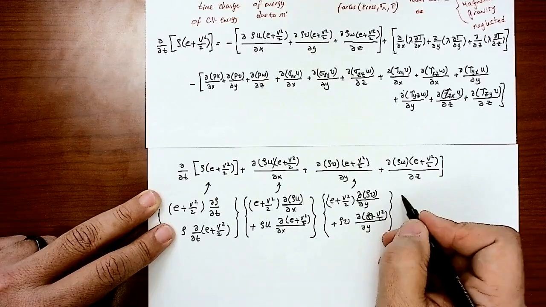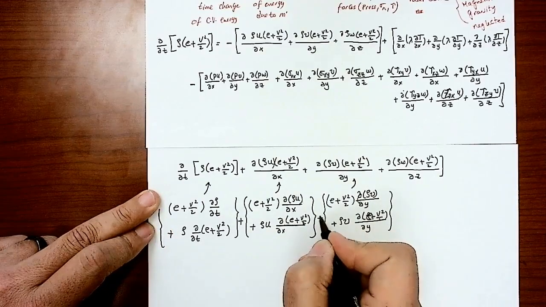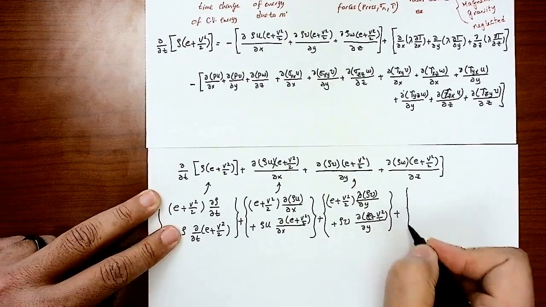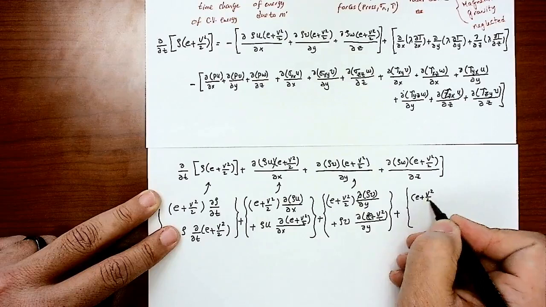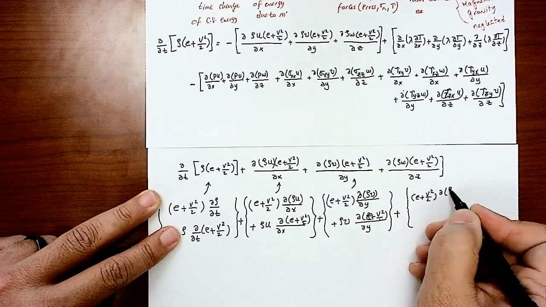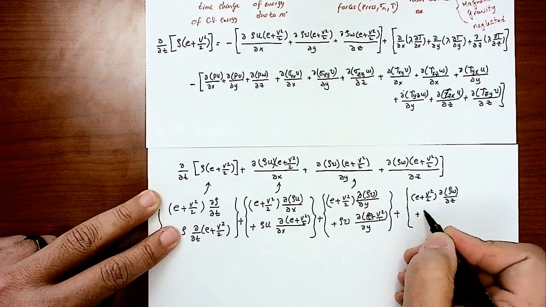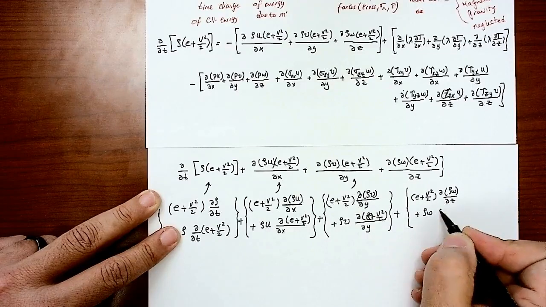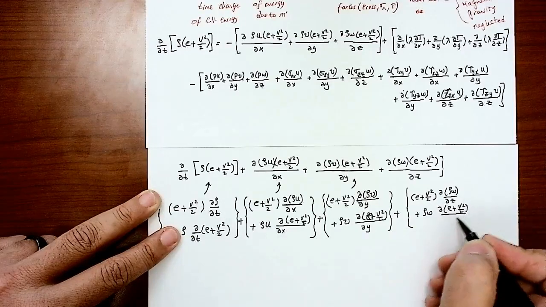And the last one, remember, we have plus in between, plus this will give me (E + V²/2) ∂(ρW)/∂Z plus ρW ∂(E + V²/2)/∂Z.